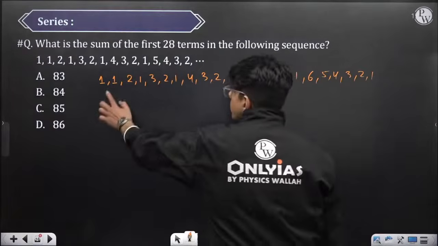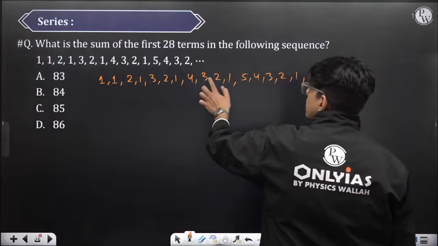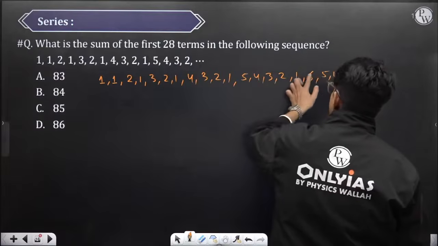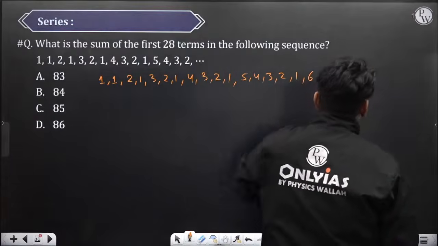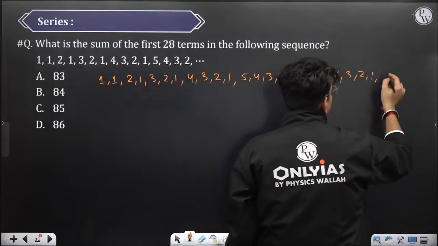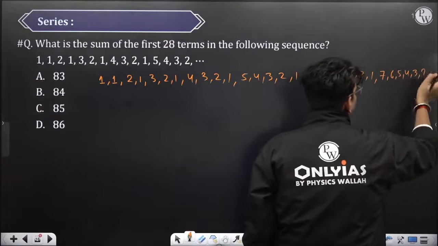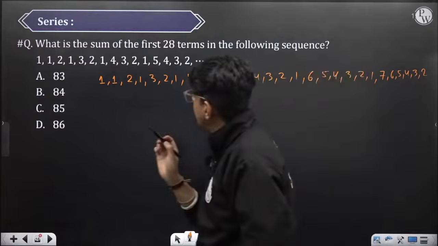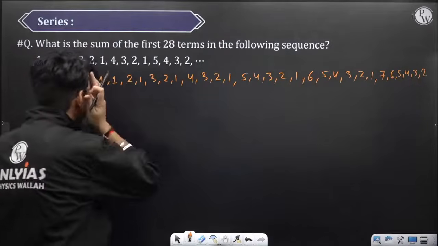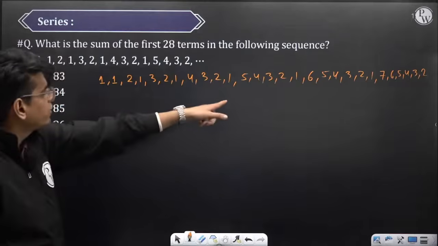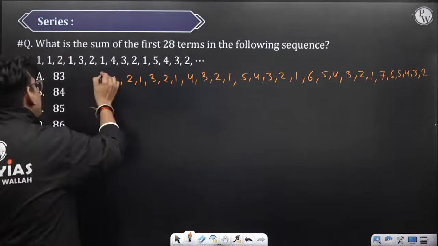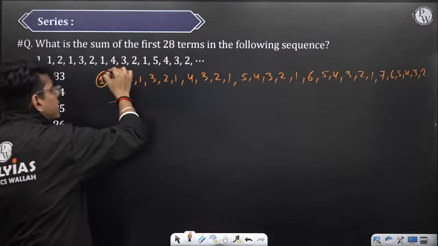How many terms are there? 1, 2, 3, up to 22. So we need 6 more terms: 7, 6, 5, 4, 3 and 2. If we take this one there, we can complete a series, right? So I am taking this one to that side.